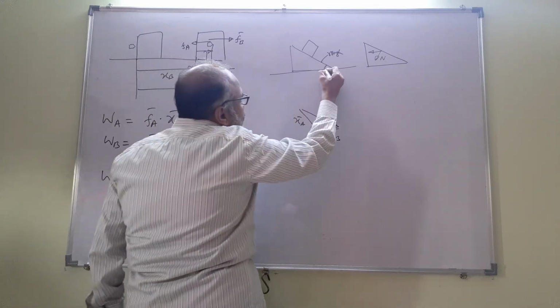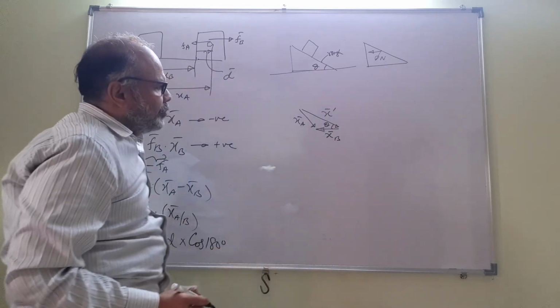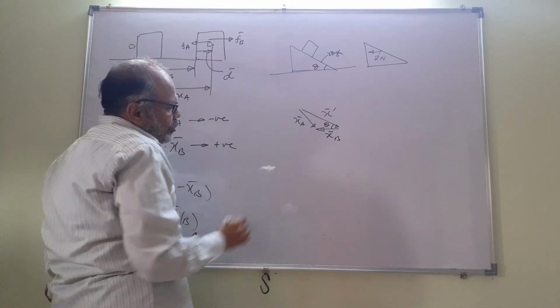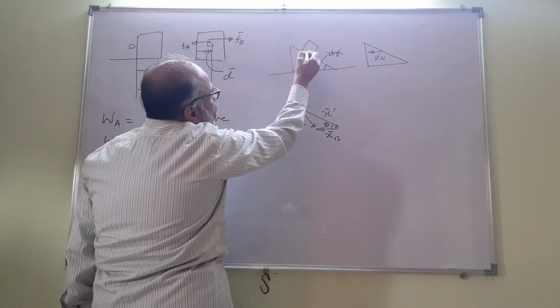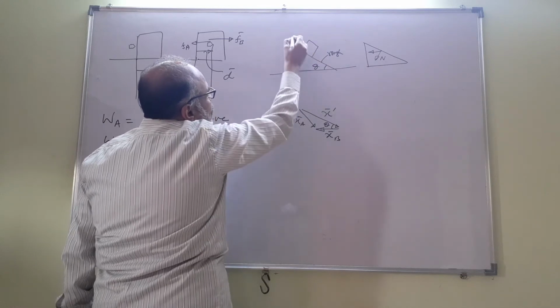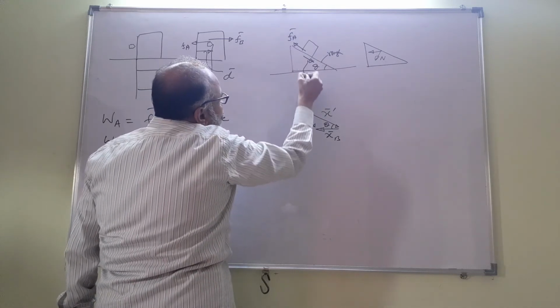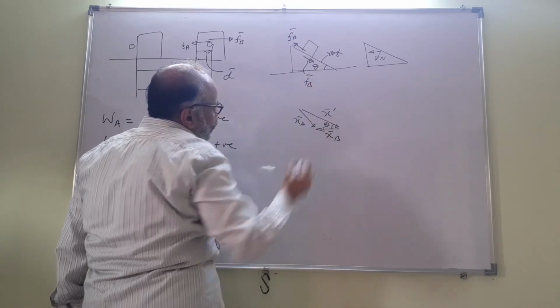If this angle is theta, this angle will also be theta. Now let us see the frictional forces. On the block, since it is slipping downwards, the frictional force will be upwards. On the wedge, FB would be downwards.